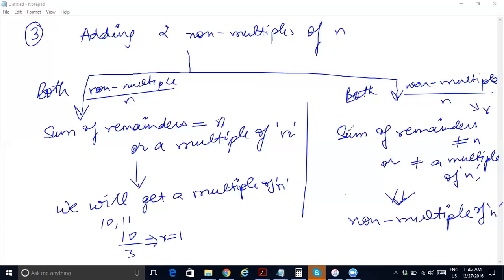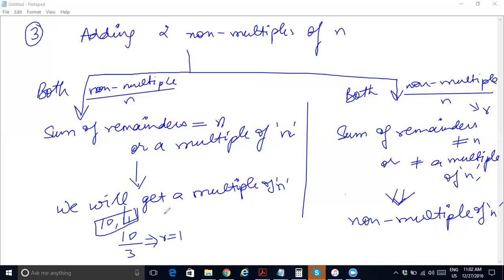So we were discussing if the sum of the remainders of those numbers when divided by n is not equal to n or a multiple of n, then the sum will not be a multiple of n. Now in the first scenario, we took two numbers 10 and 11.